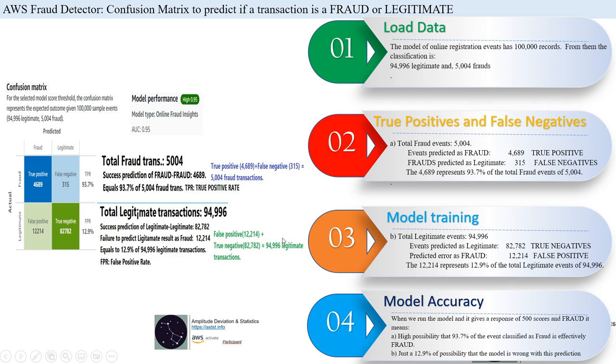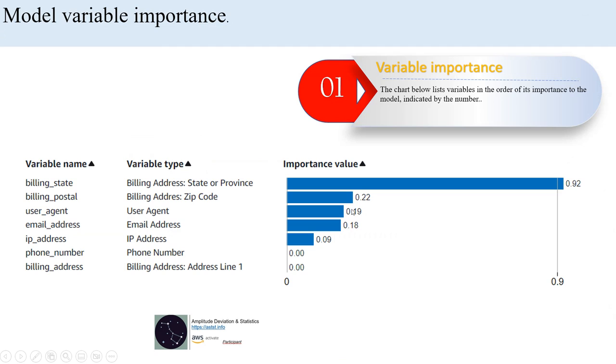We are going to see that the model also assigns an importance value to the variables that are more important to the prediction. In this case, the most important variable is the billing state. It is the billing state that determines more if the transaction is a fraud or not. In second place is the billing postal code. In third place is the user agent.